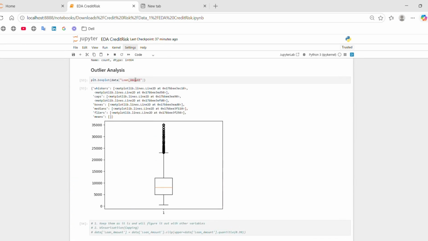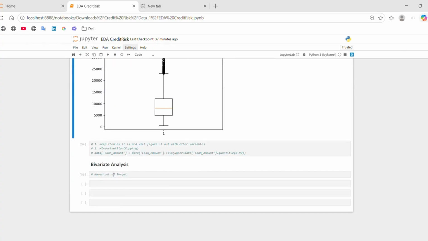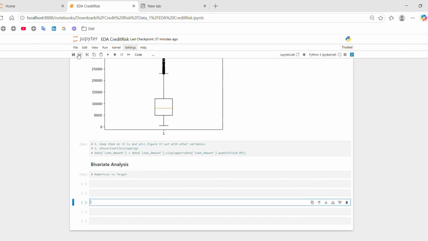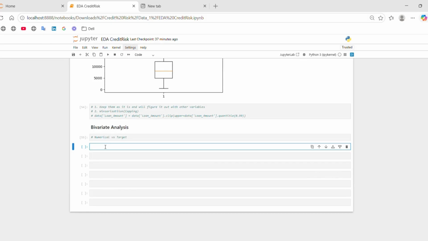Person default is my target variable, and since we are figuring out the loan amount, let's understand how it relates to the target variable. For this, I'll run a group by command where I'll check how the person default is behaving with the loan amount.